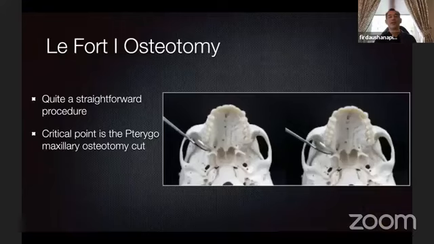So what are the risks of this sort of LeFort 1 osteotomy? It's quite a straightforward procedure, except there's a critical point at the pterygomaxillary osteotomy cut. This is something that you have to do well. If you don't do it well, you get a lot of bleeding because the pterygoid plexus is quite near to the area.